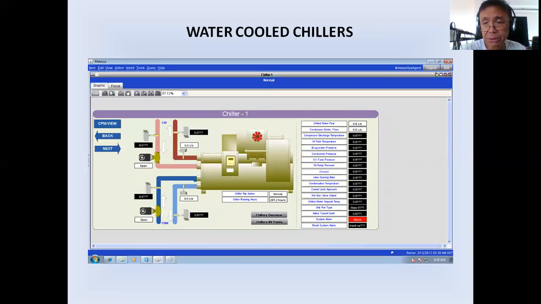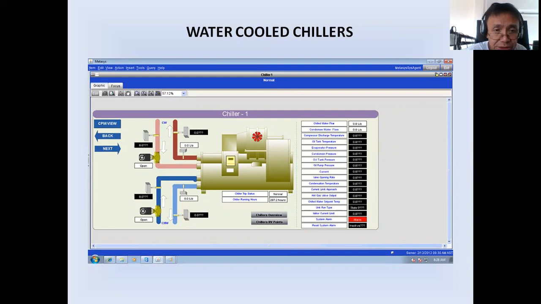Okay, now what I have here in my next slide is the chiller itself. Okay, so for the chillers, there will be some field devices that will be installed and some monitoring points that need to be displayed so that the operator will be aware of what is happening in the chiller that is running.